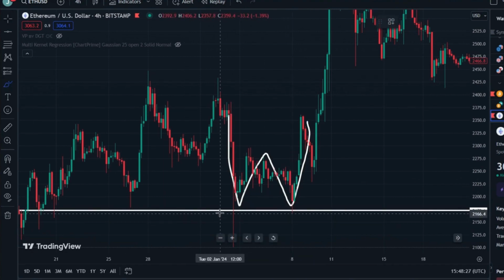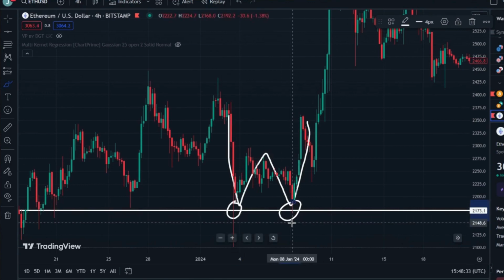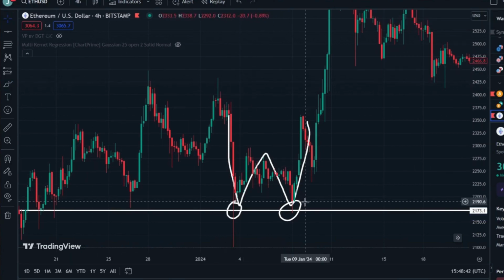One more element is that we have about two levels that this W pattern touched and went back from. That's very good for us because we can keep in mind that we have good potential for an uptrend, so keep the green candles in mind.